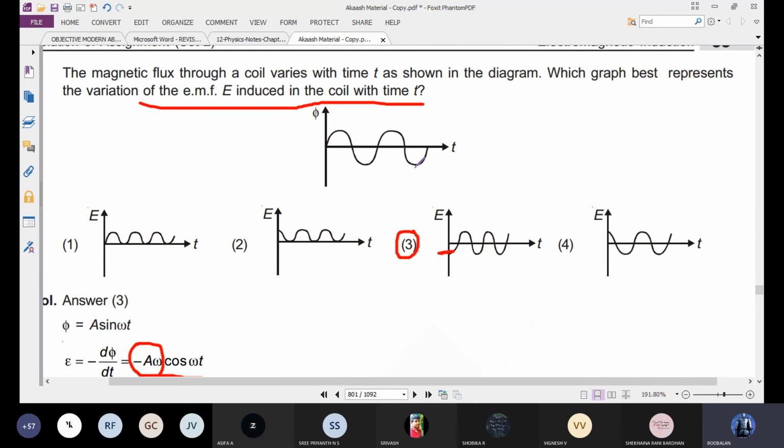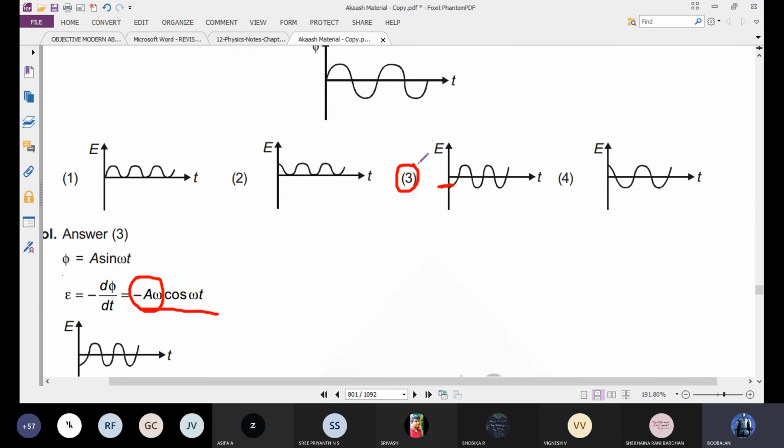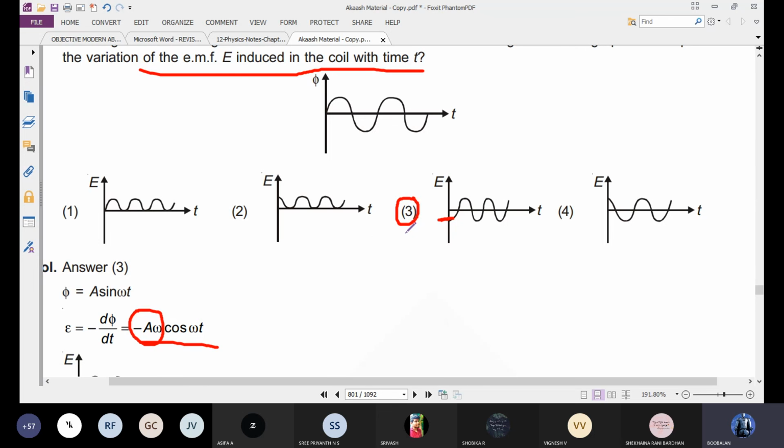Please note down. Minus A is a negative amplitude, plus A a positive amplitude.